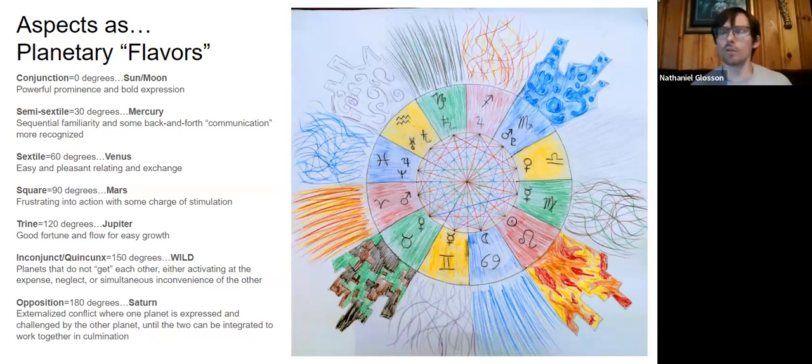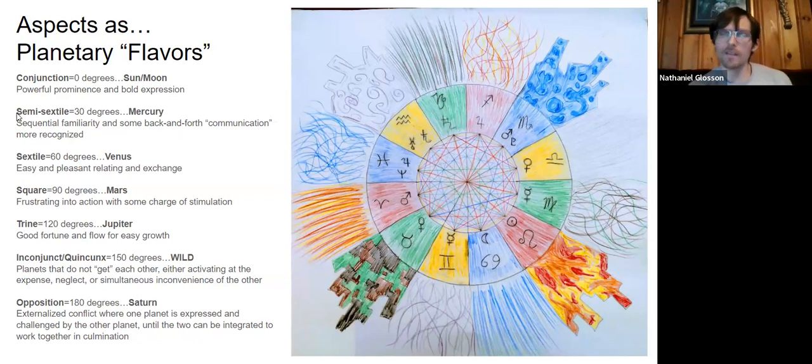They're the central yin and yang identity force of something. And so when there's a conjunction, it can be thought of as having the flavor of the sun and the moon. It has importance, a powerful prominence, a bold expression. Those two planets together are powering each other up by virtue of whatever they represent and magnifying it.